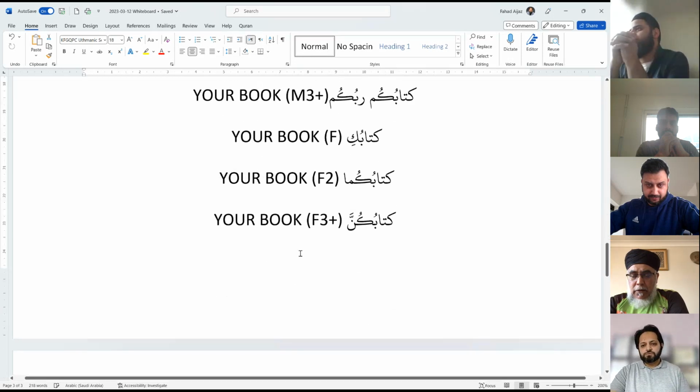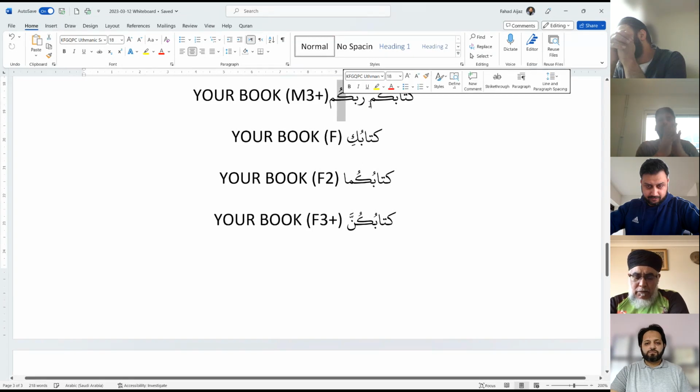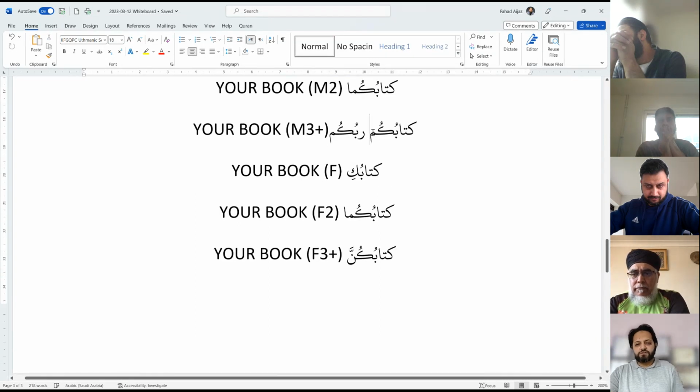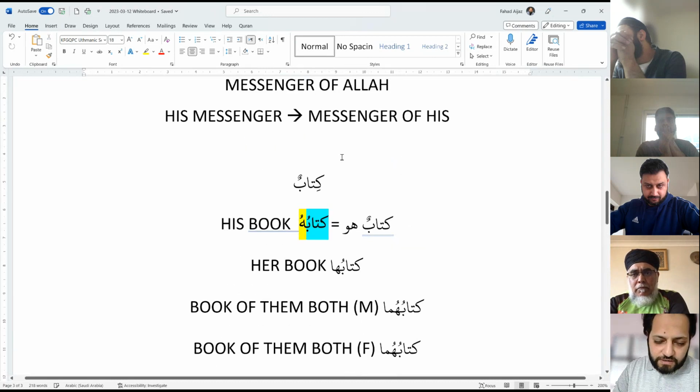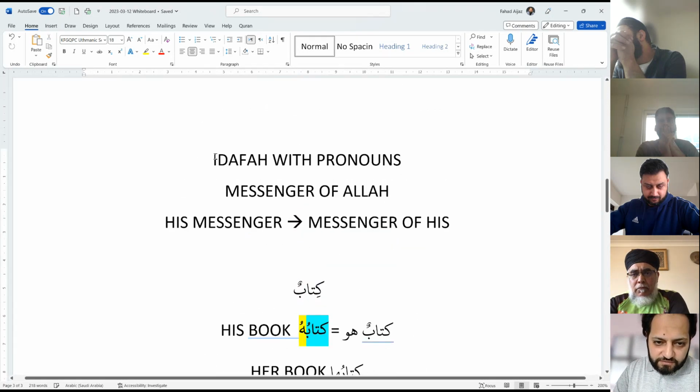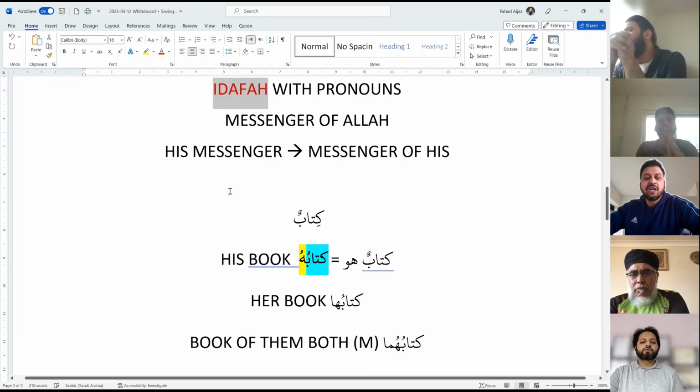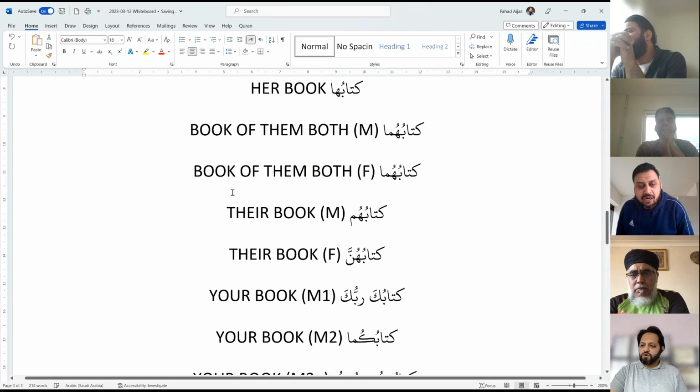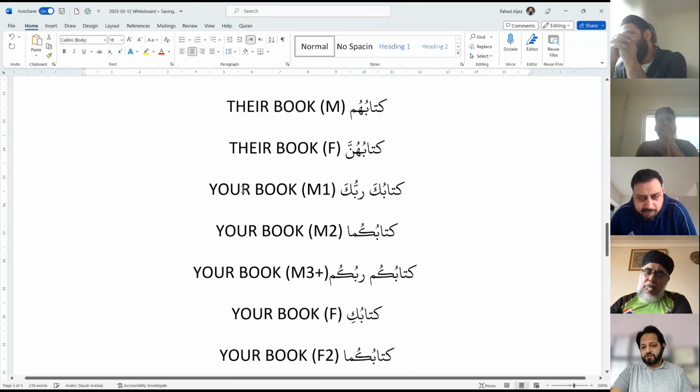The pronouns attached to the kitab, what status were these? Nasab or jar? No, that's not the answer. What fragment are we constructing? Idafa, mudaf ilayhi. Yes, so mudaf ilayhi is what? Always jar.